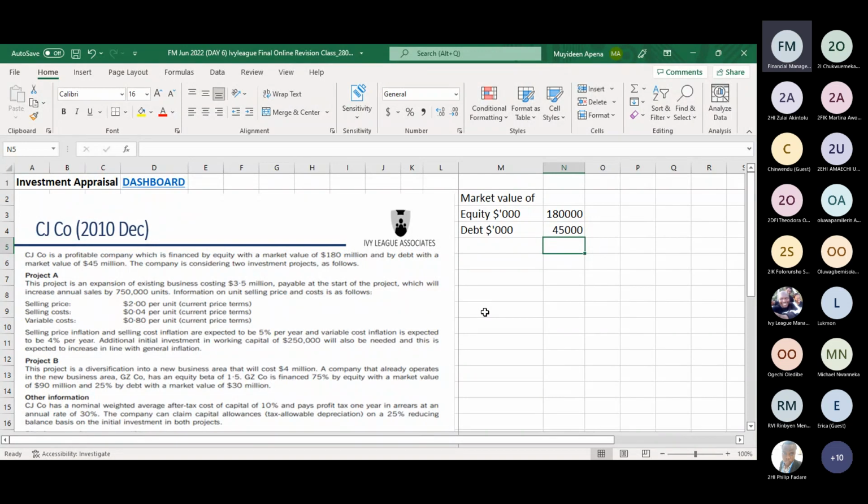The company is considering two investment projects as follows. Project A, which is our focus here now. This project is an expansion of existing business costing $3.5 million payable at the start of the project. So what does this represent?